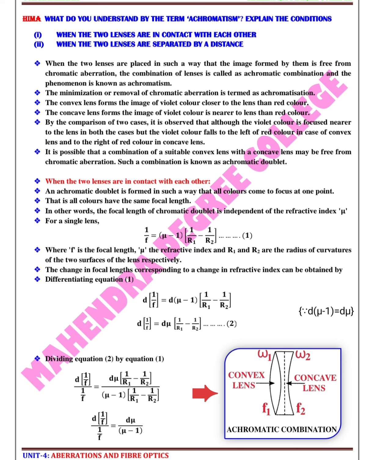Where the concave lens on the right side is labeled with f2, the focal length of the concave lens, and omega 2, the dispersive power of the concave lens material.